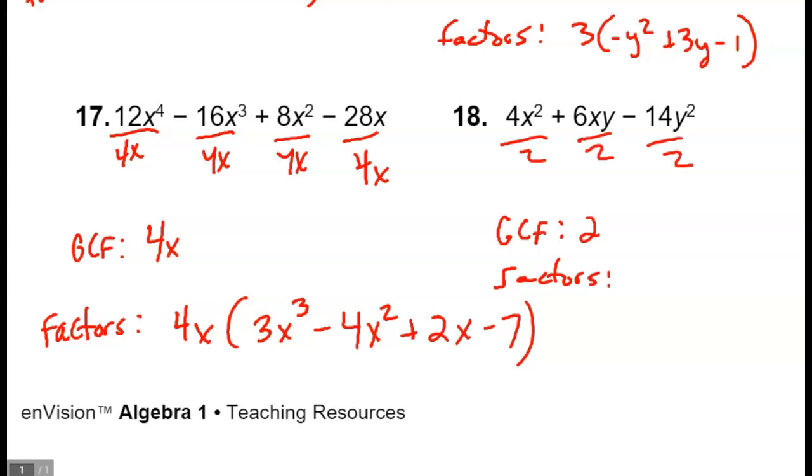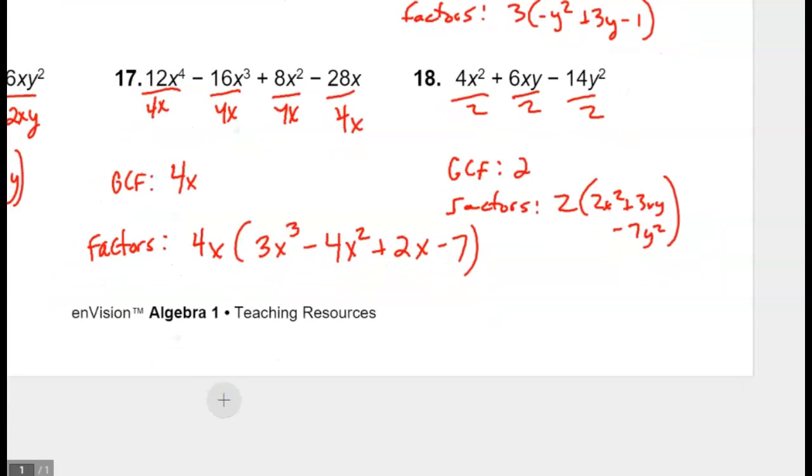Everything is divided by 2. So 2, and I'm left with 2x squared plus 3xy. Oops, not plus. Minus, ran out of room, sorry. 7y squared.